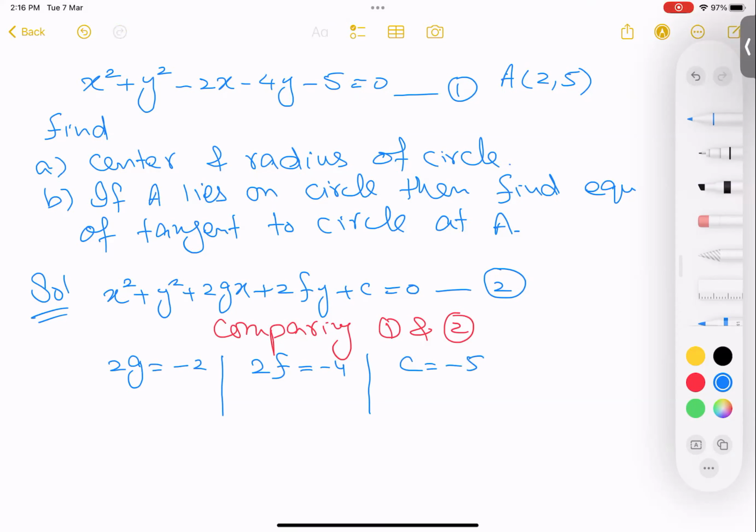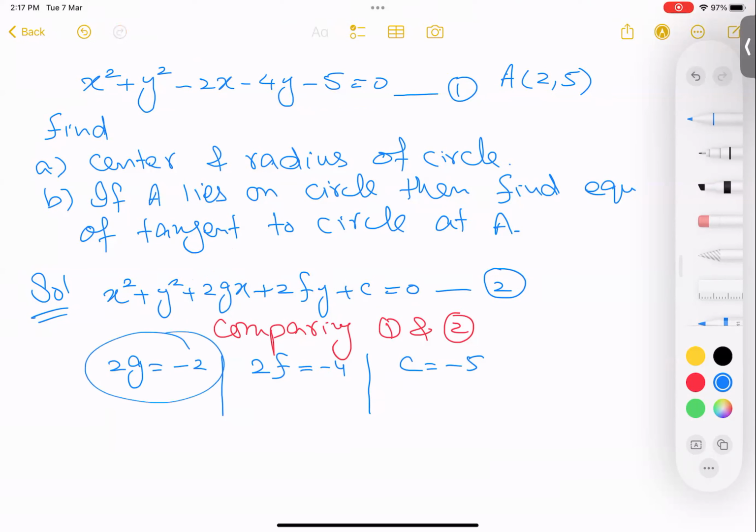Okay, so let's start. I hope all of you understood well. I'll explain again: this equation is given by him, and this equation we wrote ourselves. First of all, we compare them. The comparison technique is that the value written beside x, this x coefficient and this x coefficient, are equal to each other.